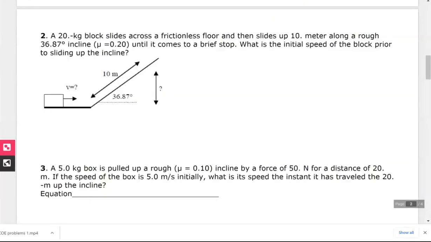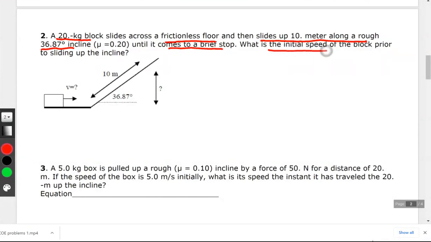This next one's a real challenging one. We have a 20 kilogram block that slides across a horizontal frictionless floor, then slides up 10 meters along the rough incline until it comes to a stop at the peak. What is the initial speed of the block prior to sliding up?